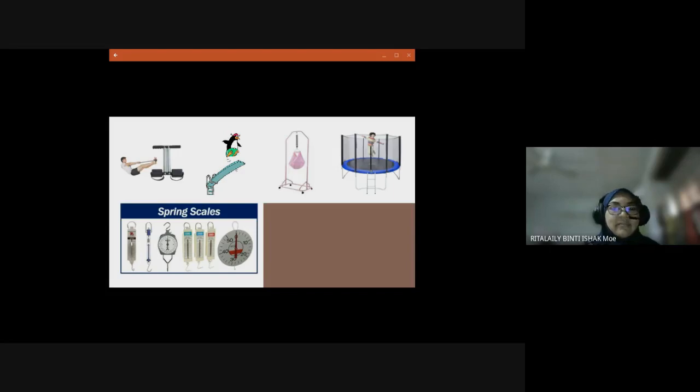Yes, Renuga, if you have a problem, you can write your answer in the chat area. So how do you explain or define elasticity? Elasticity is the property of an object to return to its original shape or size after the force applied on it is removed.